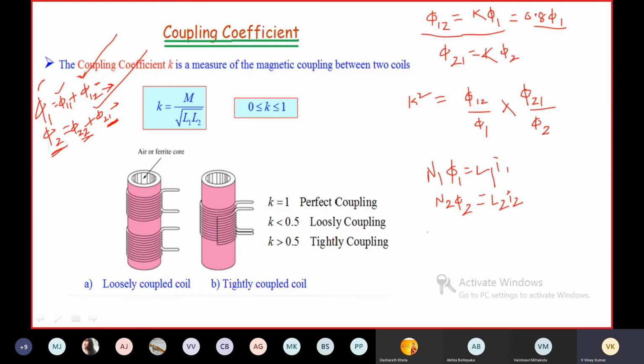Next we have φ21, φ12. φ12 is directly proportional to I1. Then, sorry, N2 φ12 is equal to M21 I1.